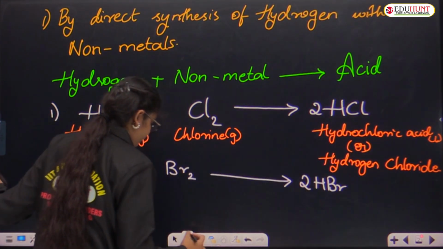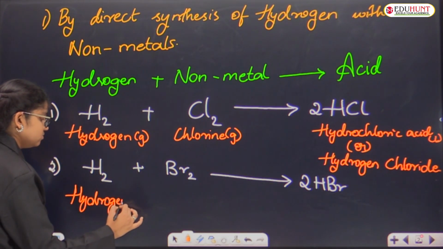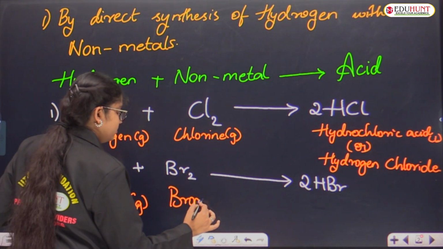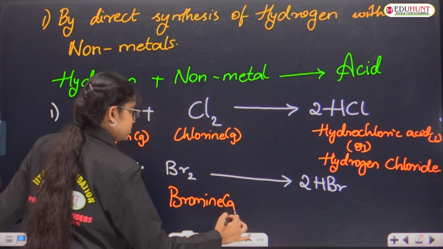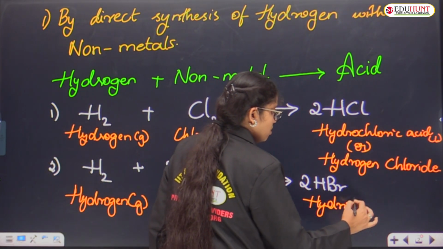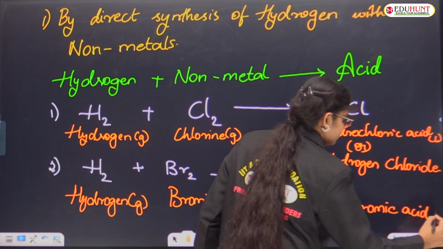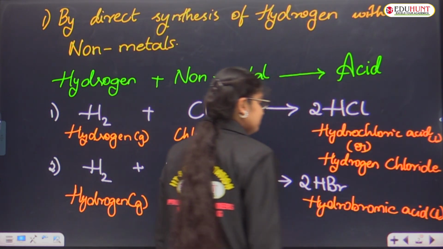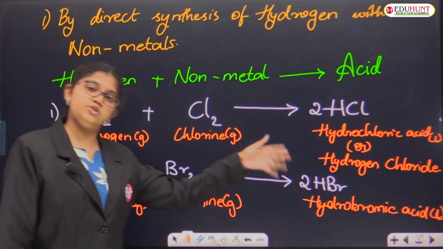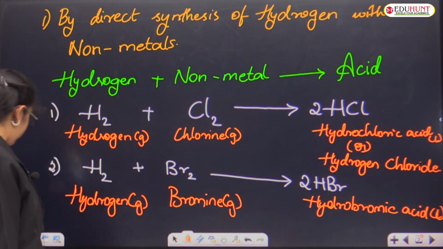Hydrogen in gaseous state and bromine in gaseous state give rise to hydrobromic acid in liquid state. Small l means liquid state. Clear now? Examples: H2 plus Cl2 gives 2HCl, H2 plus Br2 gives 2HBr.